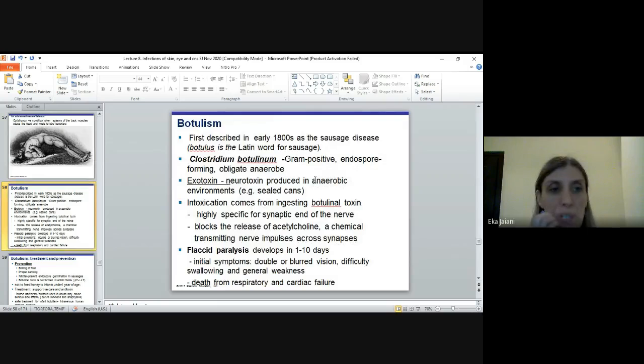Botulism, a very important disease, is related to consumption of home canned food. Very often my mother also in the past used to can some vegetables for winter. Now not, but in the past, yes, like beans or aubergines or whatever, and it is quite risky.